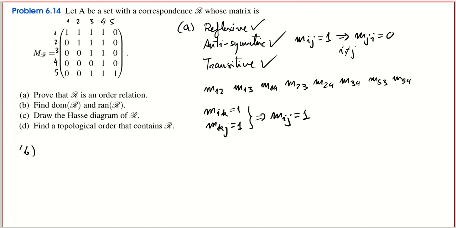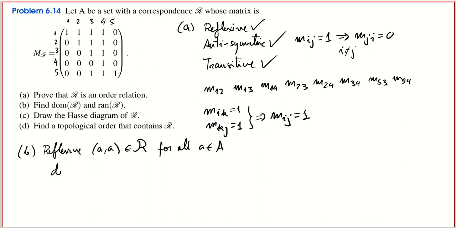Now the domain and the range are trivial in an ordered relation because it is reflexive. Reflexive means that (a,a) is in the correspondence for all a in the set.